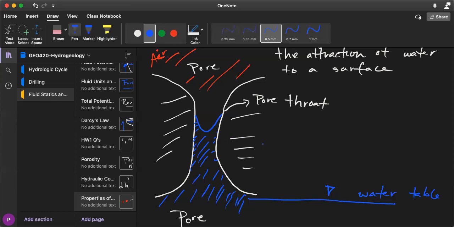That's why the definition of the water table is not where saturation occurs. The definition of the water table is not where all pore throats are saturated. It is the level at which water will rise in an open pipe. It's actually where the pressure is equal to atmospheric pressure.